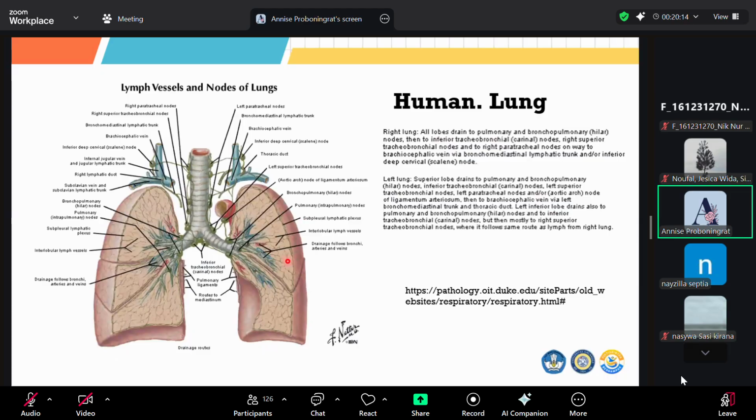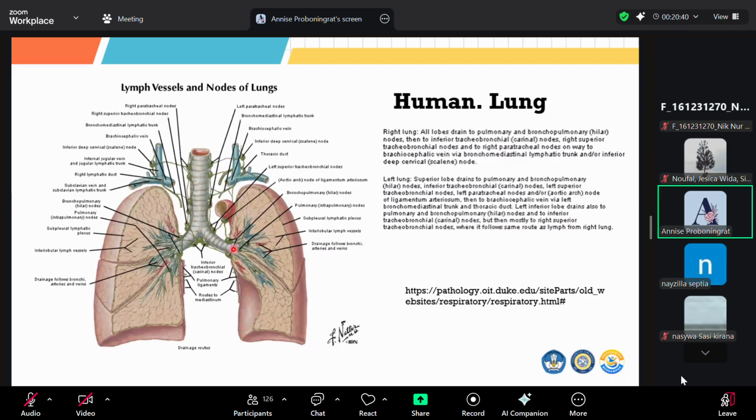And this is the lymphatic vessels and lymphatic nodes of the lungs. There are several lymphatic nodes located adjacent to the trachea, the extrapulmonary bronchus and intrapulmonary bronchus.